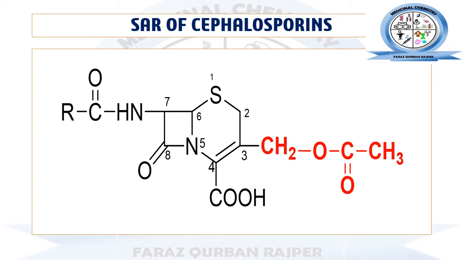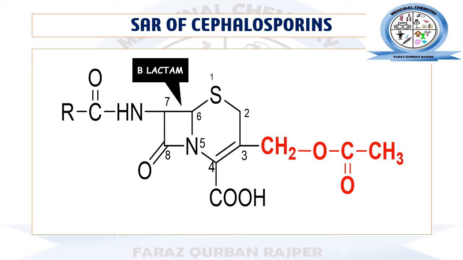Now let's learn about the structure-activity relationship of cephalosporin. Before going into the detail of the SAR of cephalosporin, first let's learn about the basic ring skeleton. All the cephalosporins contain this basic ring skeleton, which is the composition of two different heterocyclic rings.